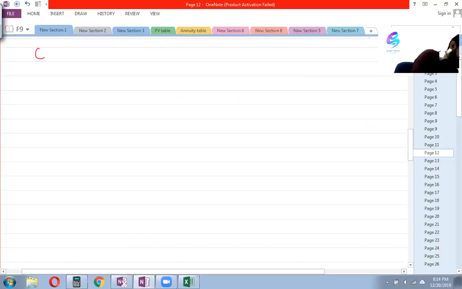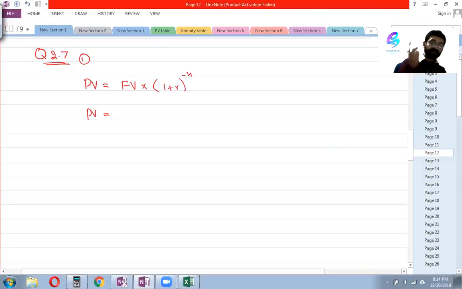So question 2.7, number 1. Let's write down the formula. Present value is equal to future value multiplied by (1 plus r) raised to the power minus n. We have to find the present value, and we said after 10 years the value is $1,000.